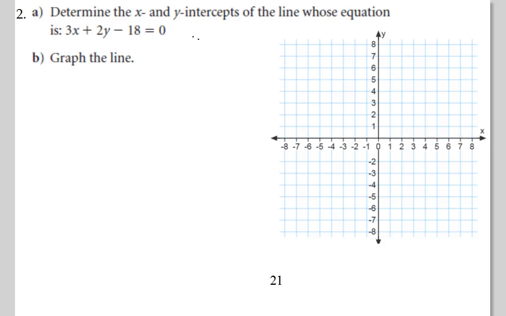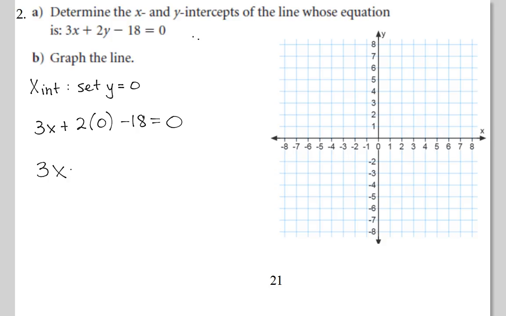Okay, so for the x-intercept, set y equal to 0, you get 3x plus 2 times 0 minus 18 equals 0. Well, what's 2 times nothing? Nothing. So then you get 3x take away 18 equals 0.